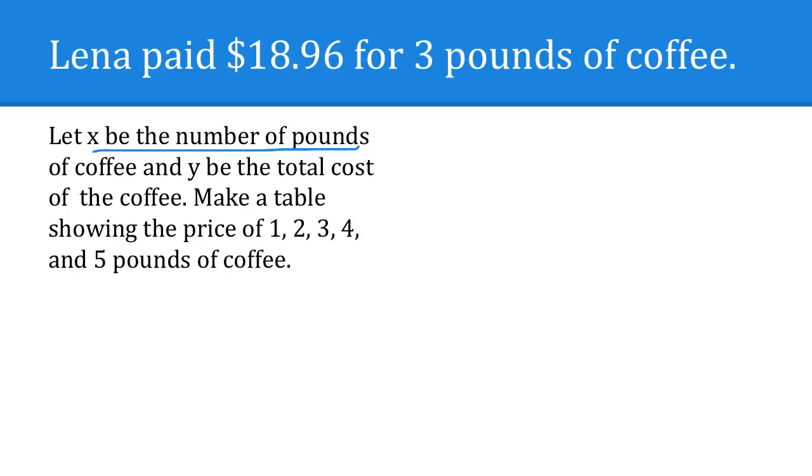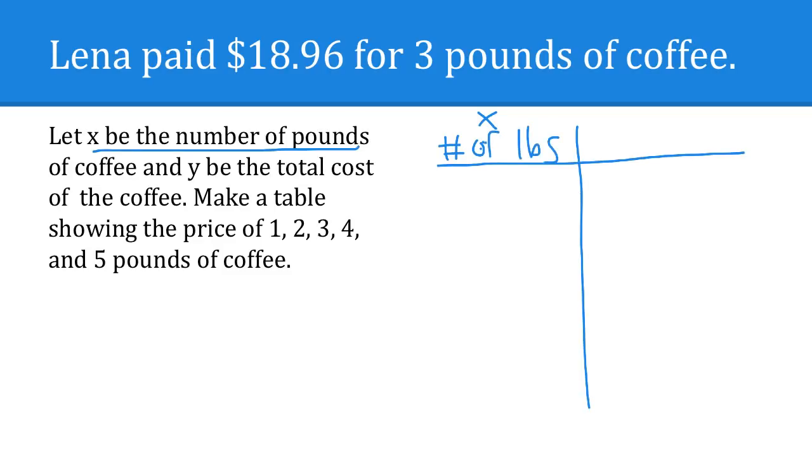X is the number of pounds. Y will be the total cost. And then it says we want the price of 1, 2, 3, 4, and 5 pounds of coffee.